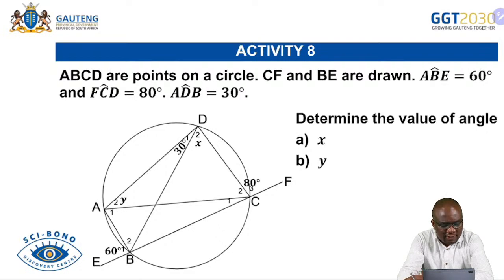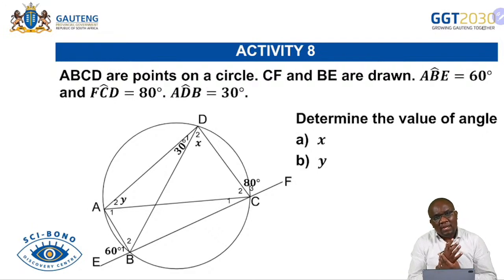And angle FCD is 80 degrees. And angle ADB is 30 degrees. All that information is on the diagram. Now we want to find the value of X and Y. I'm going to give you 2 minutes to fill in as much information as possible on the diagram, and then after 2 minutes we do this together and then we summarize our lesson. Let's try that for 2 minutes.